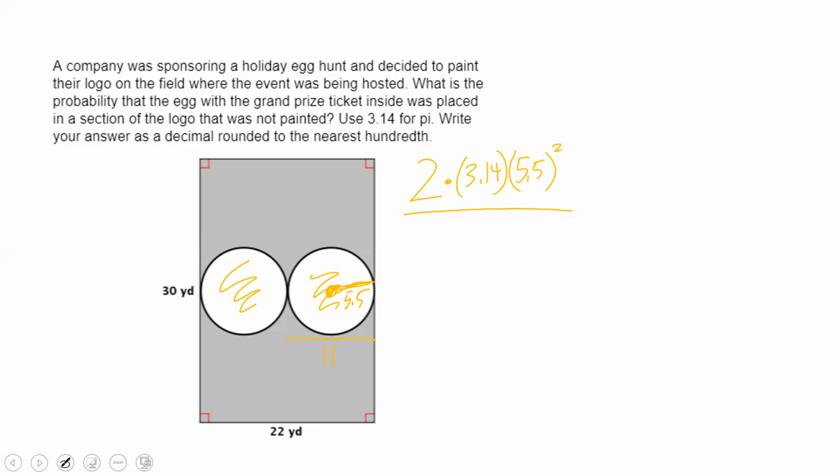And I'm going to divide that by the area of the entire rectangle, which is 30 times 22. That's going to give me 0.2878 and so on, rounding to the nearest hundredth. I got this 8 here. The 7 will make it round up: 0.29.